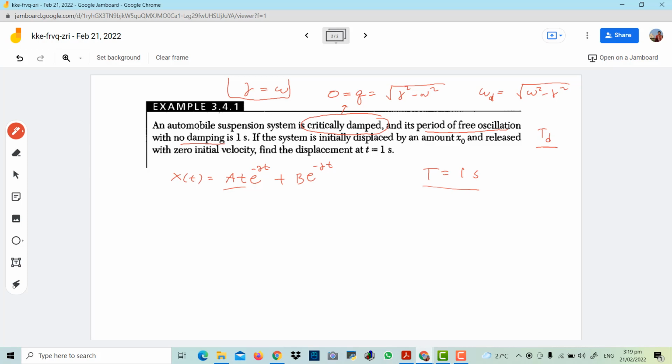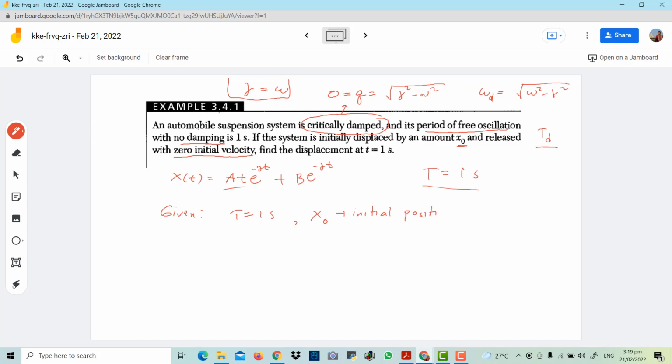Okay? So given is that the T is equal to 1 second, and the system is initially displaced by an amount of x naught. So your initial position is x naught, and it is released with initial velocity equal to 0. Okay? So given is that your period is equal to 1 second, your x naught is your initial position.